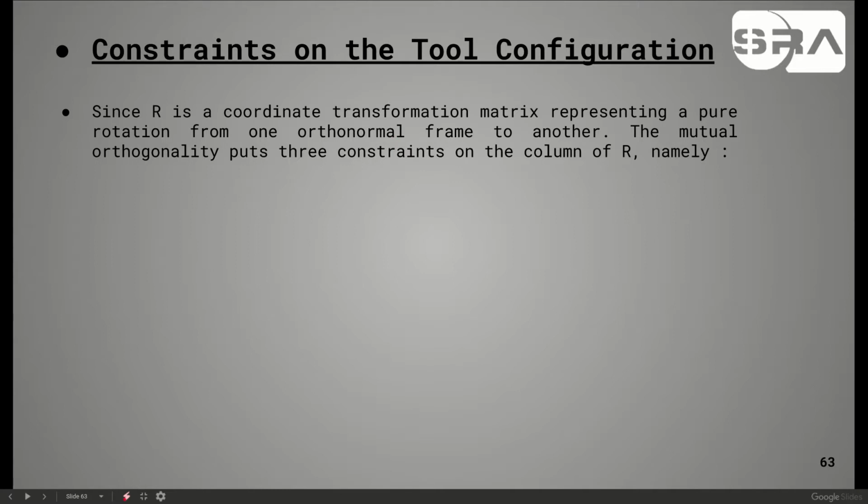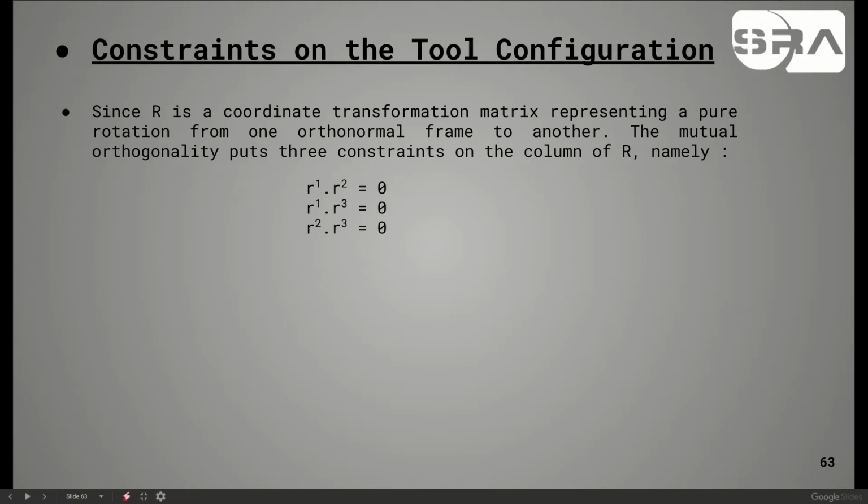So this condition gives us six equations. So r1 dot r2 is equal to 0. Now where does this come from? We talked about orthonormal, that is they are perpendicular and have a magnitude of 1. Since they are perpendicular, the dot product is equal to 0. r1 dot r2 is actually the magnitude of r1 times the magnitude of r2 times cos of 90.